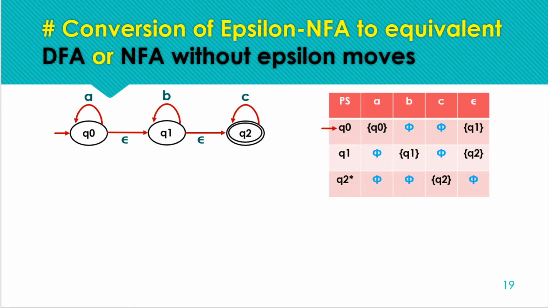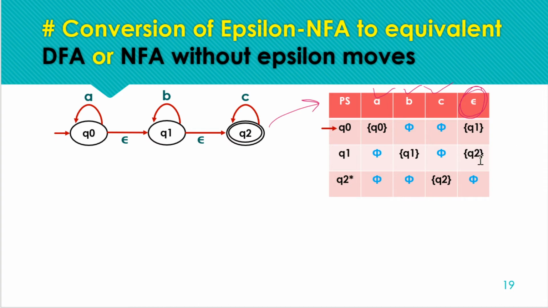Now this is the equivalent transition table for this given NFA with epsilon closure. Here we have three input symbols a, b and c, and last we have the epsilon, because we also have the epsilon move. So along with the input symbols, epsilon will also be part of the transition table. Here from Q0 we have an epsilon move to state Q1, and an epsilon move to Q2 from Q1.